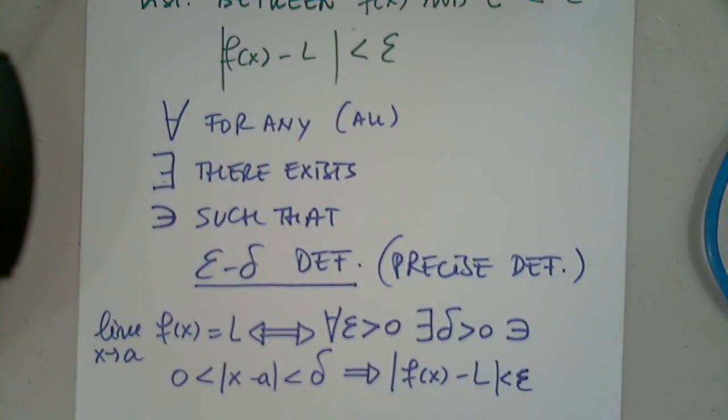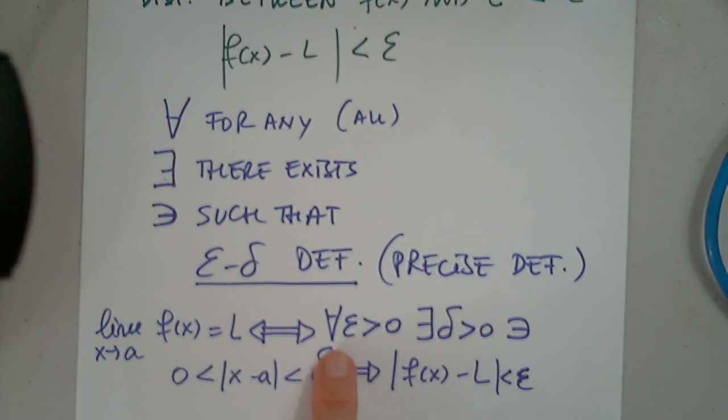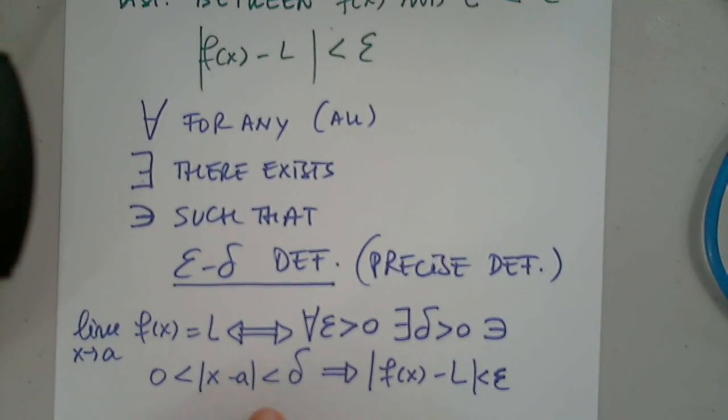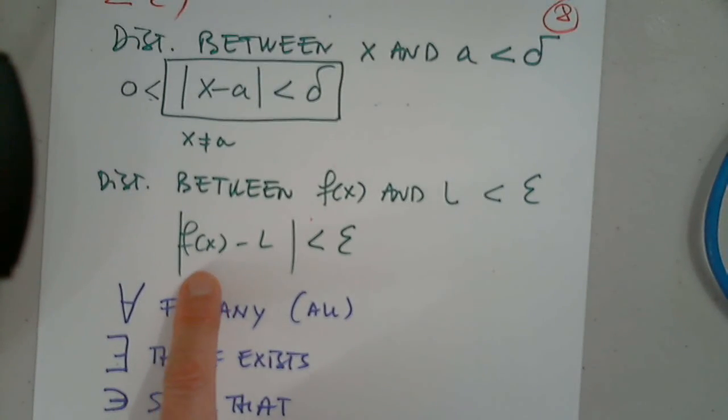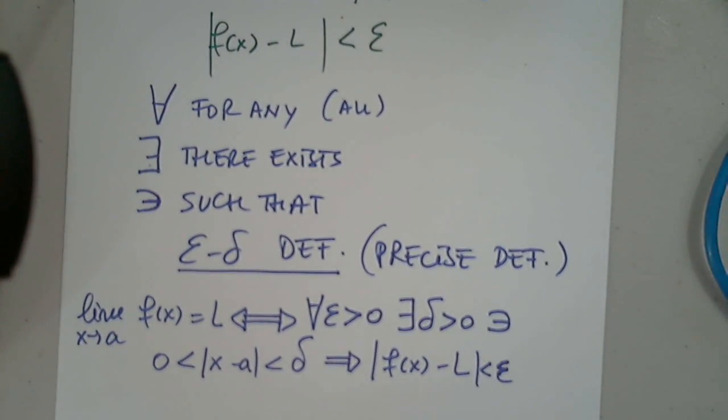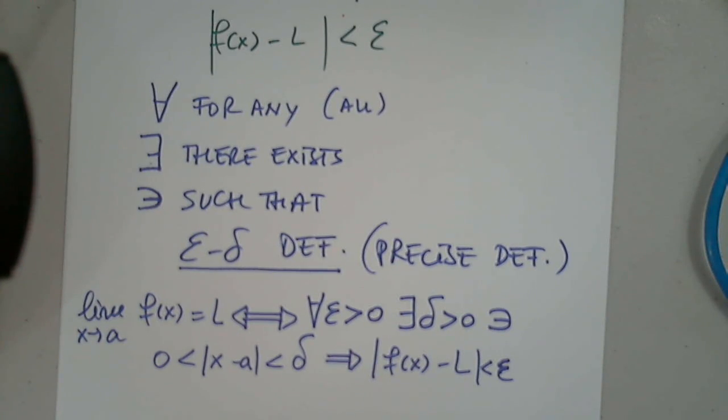Instead of half a page. For every epsilon positive, I will find, or there exists a delta positive such that when I pick x close to a so that the distance is less than delta, it's guaranteed that the distance between the function value and the limit will be less than epsilon. And this happens only because the limit exists. Let me give you just a quick counter example.